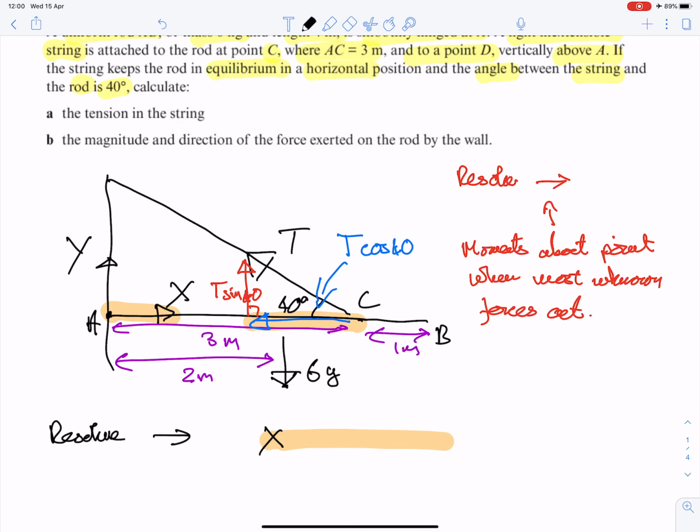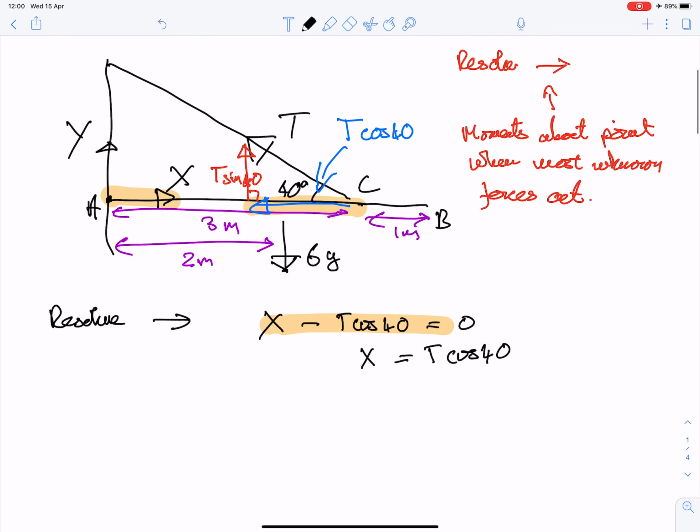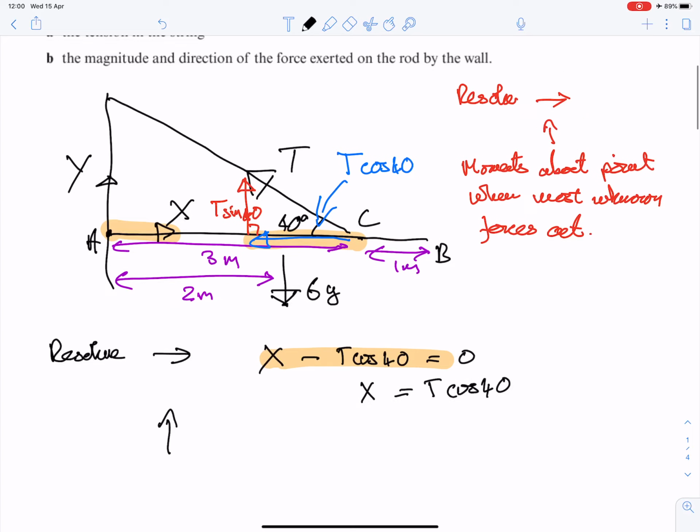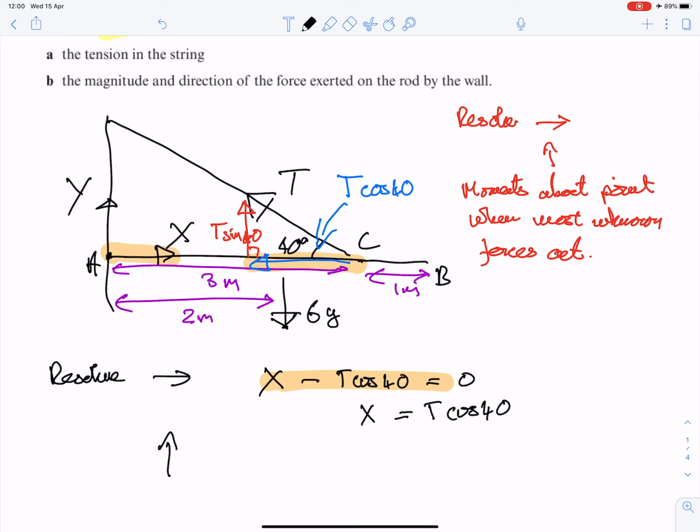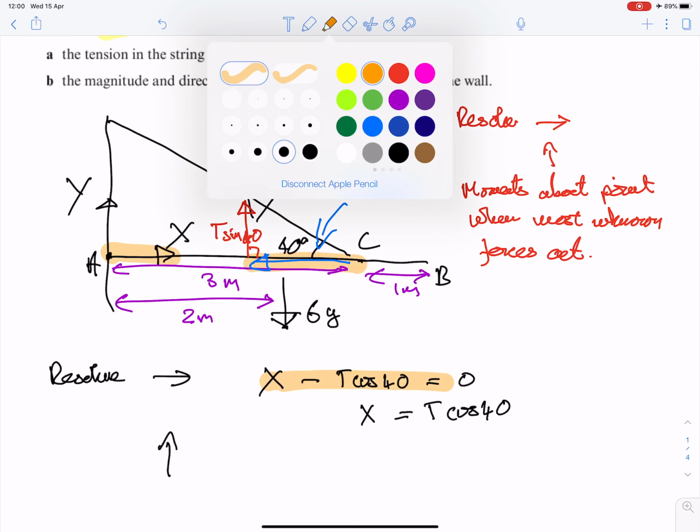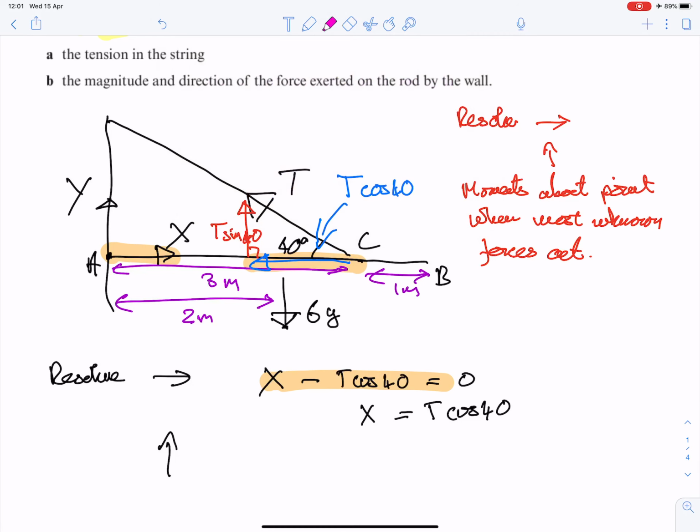Okay, we've also got an adjacent part. And adjacent we've got here. And that's going to be T next to the angle, so it's cos of 40. Okay, so we're working horizontally, so we need to pick out that force and that force to give us this line.